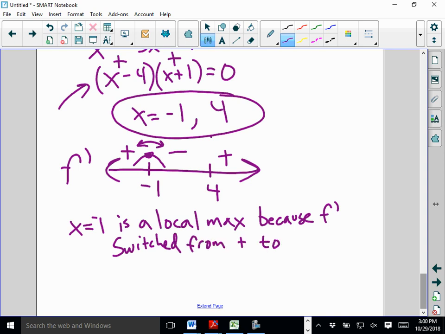Okay. How about at x equals 4? At x equals 4, once again, f prime switched signs, but this time f prime switched from negative, meaning f was decreasing, to positive, meaning f was increasing. What does that look like? Well, that looks to me like a local min.